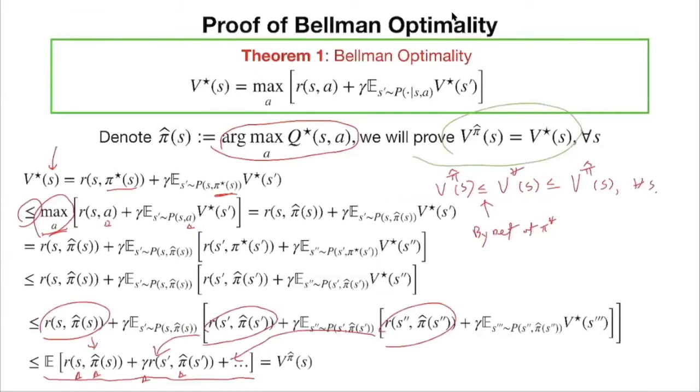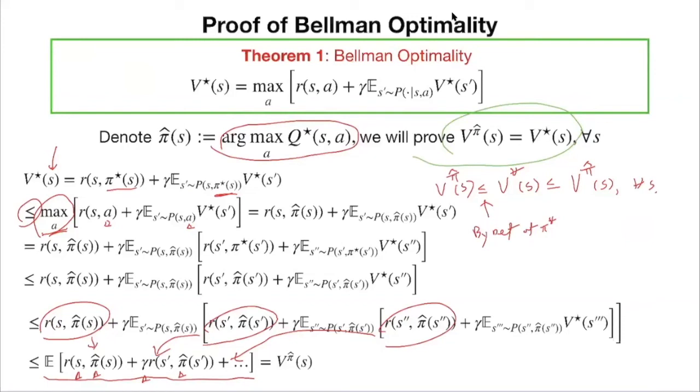Here we're consistently using the Bellman equation. We never actually use Bellman optimality, because this is what we're trying to prove. We cannot use Bellman optimality in the proof in order to prove Bellman optimality. But the Bellman equation is something that we proved in the previous lecture, which holds for any policy pi.